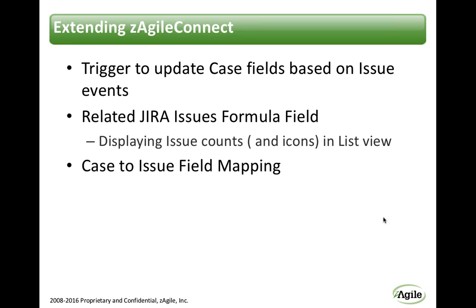Case to issue field mapping, you've seen that. So a lot of different types of case fields, or formula fields, can be mapped to JIRA. It depends on the level of detail that you want to provide to product development relevant to a specific customer case.